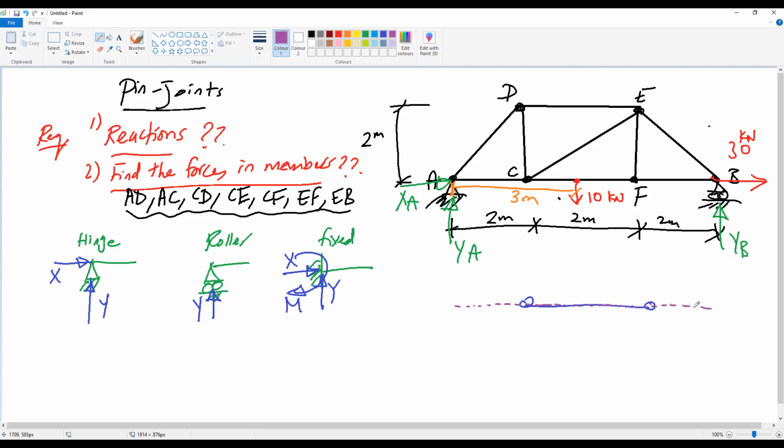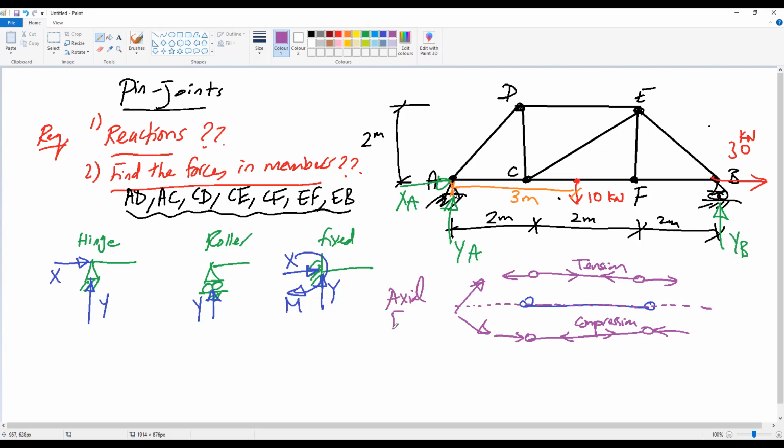So if this is the longitudinal direction, the forces can be tension force like this, or compression force like this. Both tension and compression forces are called axial forces, because they are applied in the direction of the member.